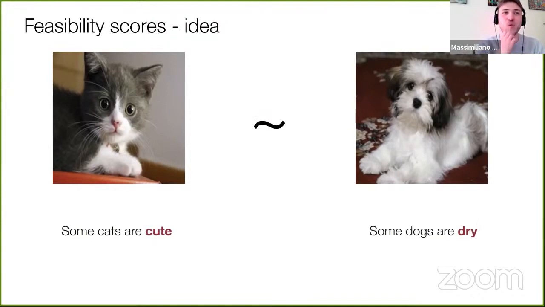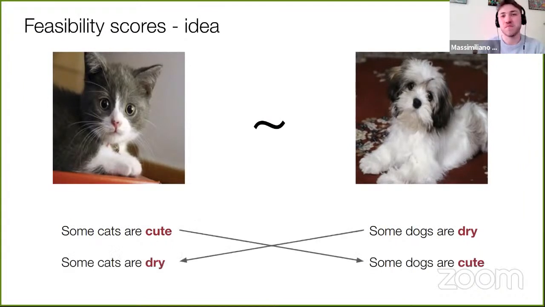And we know from the dataset that maybe some cats are cute and some dogs are dry. Since they are similar, we can say that since some dogs are dry, cats can be dry as well. And since we know that some cats are cute and cats are similar to dogs, also dogs can be cute. Why not?